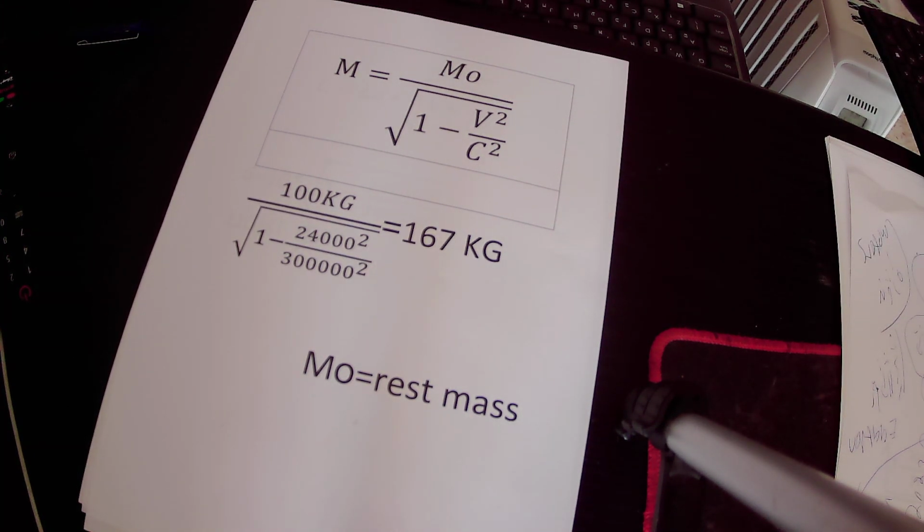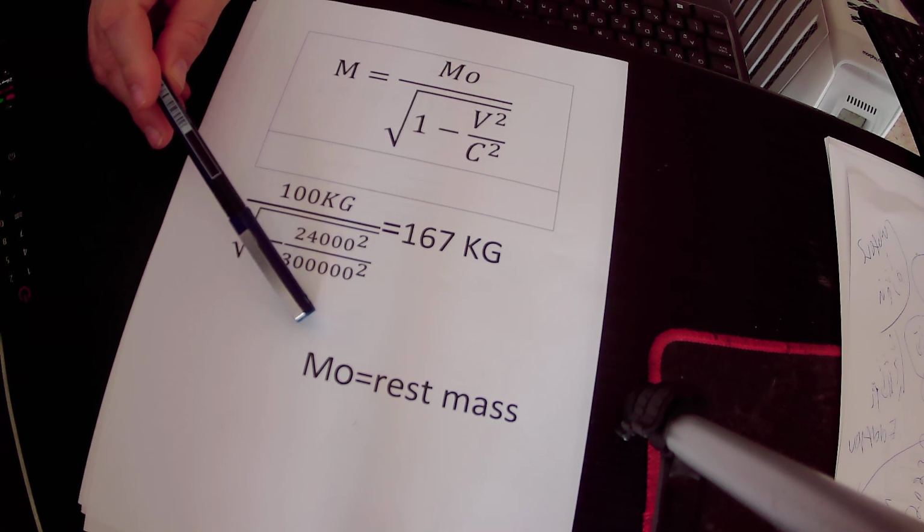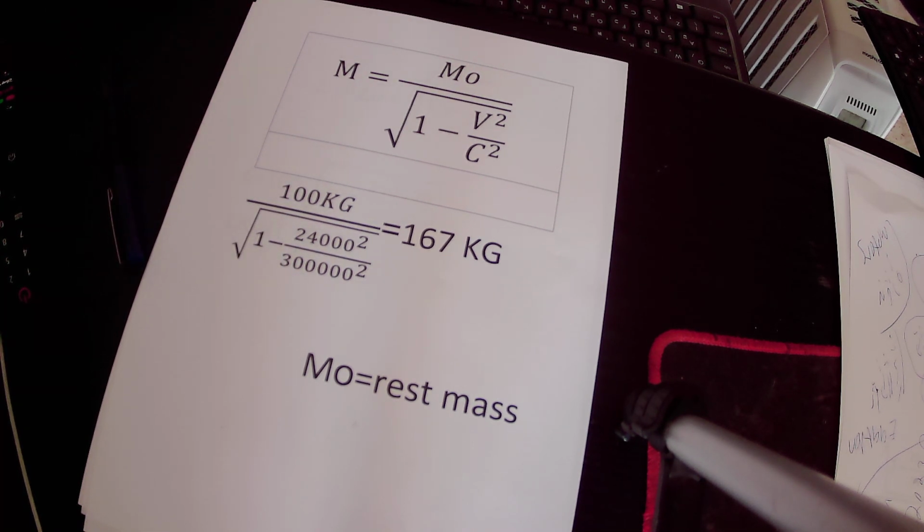I will start with the increase in mass. Suppose the twin brother who goes on a journey in space weighs 100 kilograms on Earth. So m naught is the rest mass, and it is 100 kilograms.